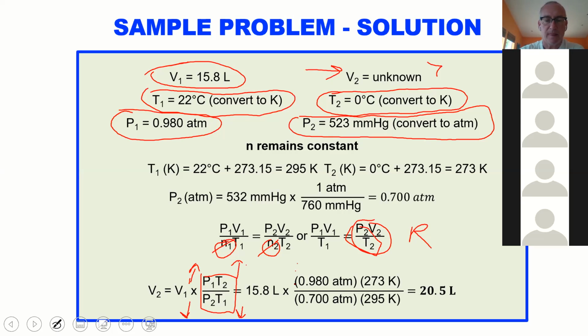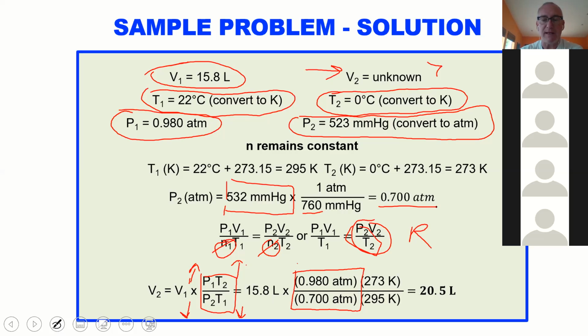So here are our pressures. We change the pressure to millimeters of mercury. 532 millimeters of mercury is equal to a torr. We know that 1 atmosphere is 760, and so the new pressure at the top of the mountain is 0.7 atmospheres.